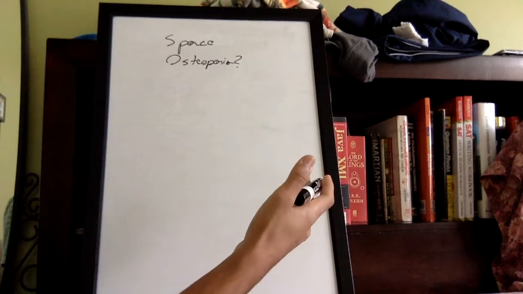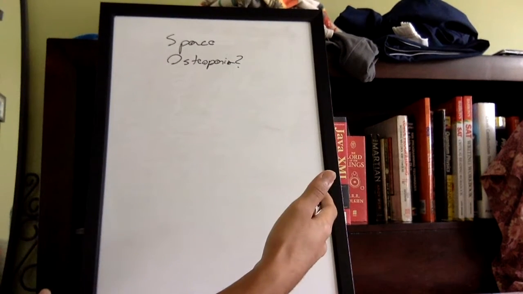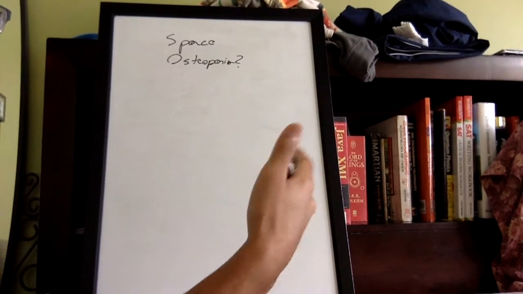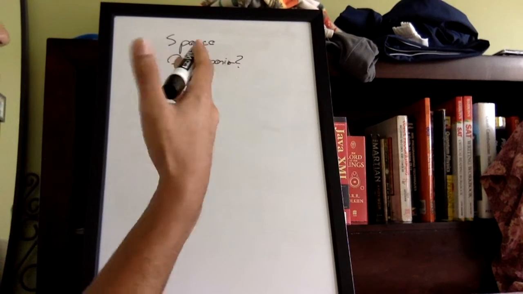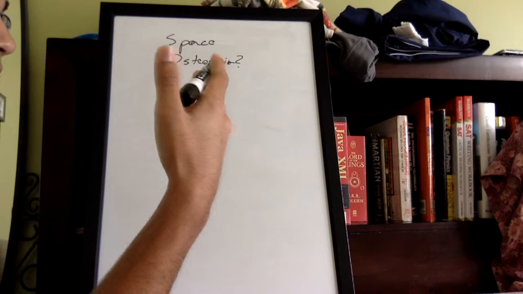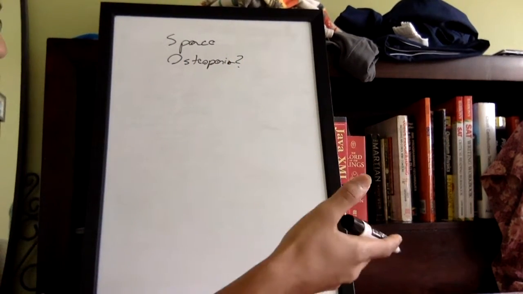Due to a limited amount of physical stress, because it's a microgravity environment, there isn't as much gravity acting on the astronauts. Due to that limited stress, astronauts lose bone mass.